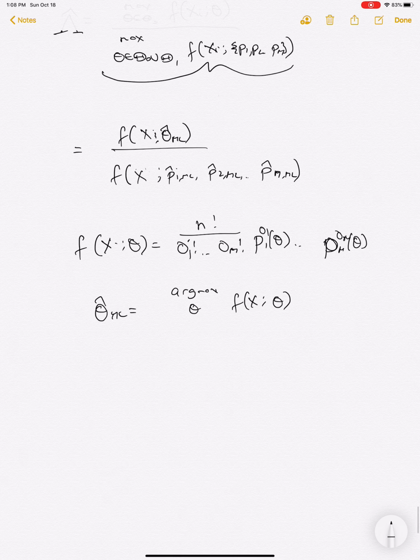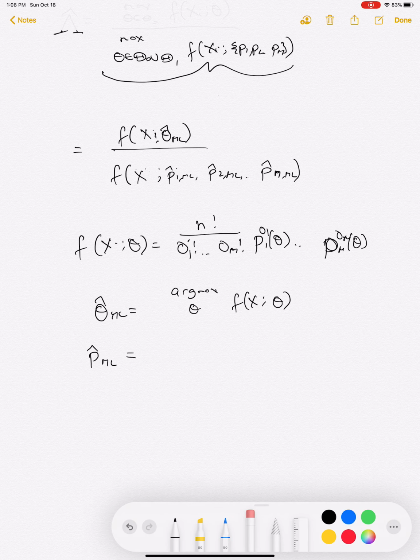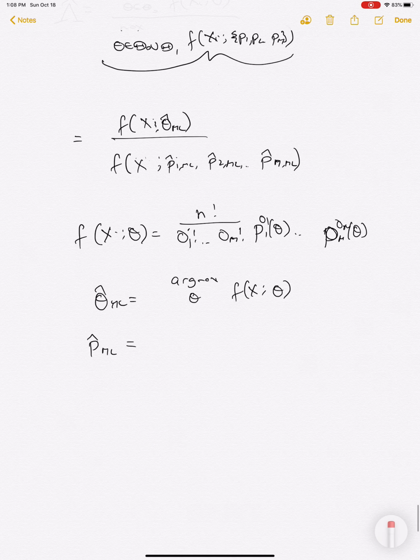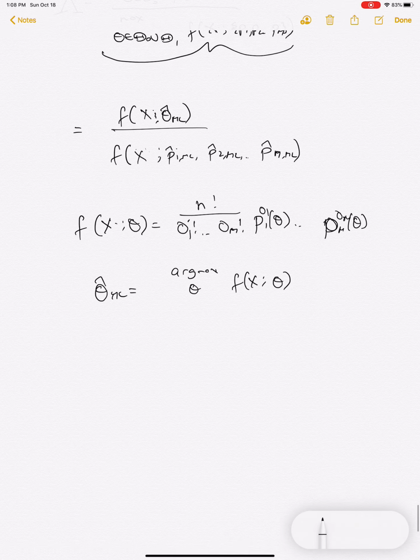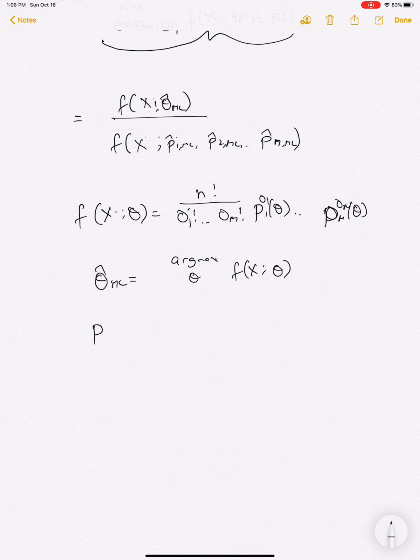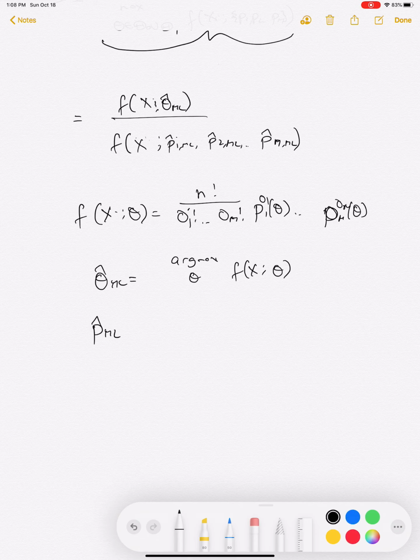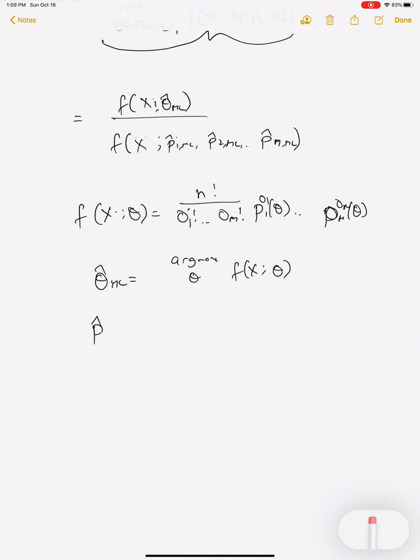And then for p hat j ML, you can check this is something you can check.